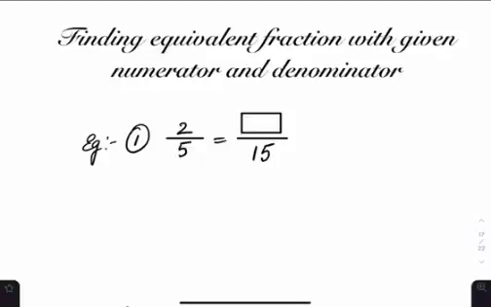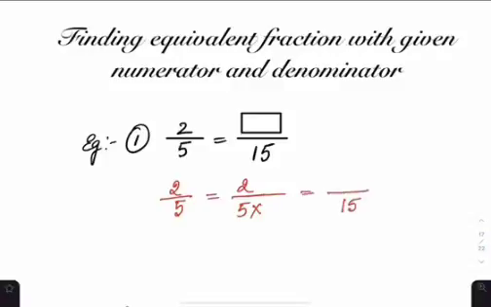So how do we calculate? As I told you, to find an equivalent fraction, we need to multiply both numerator and denominator by a single number. Now if you observe, I have got the denominator 15. To get 15, what should I multiply 5 with? 3, exactly. 5 threes are 15, right?